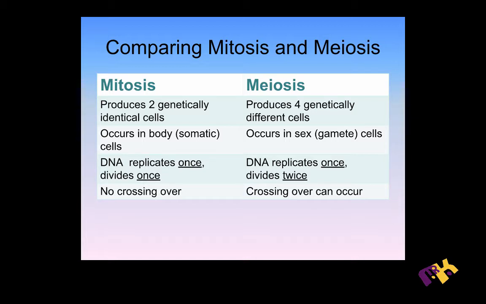We want an identical cell because it seems to be functioning okay already. We don't need to rehash anything at this point. And then meiosis, we're going to cross over during prophase 1, and that's going to lead to genetic variation.